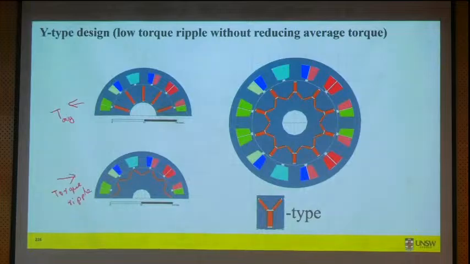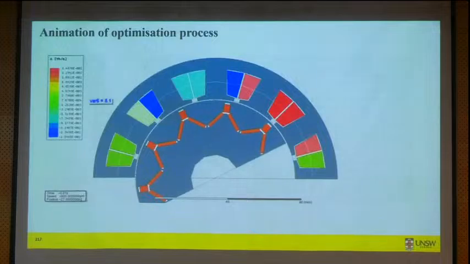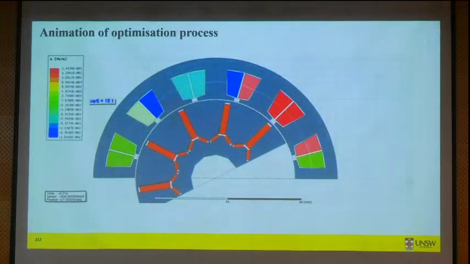That actually led us to this new design which I was talking about, the Y-type. We call it Y-type. How this idea came about was completely from this optimization process. You can see he was changing from spoke type to V type and checking how the torque ripple and the average torque behaved.